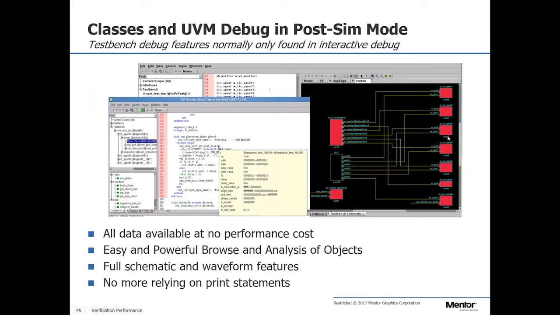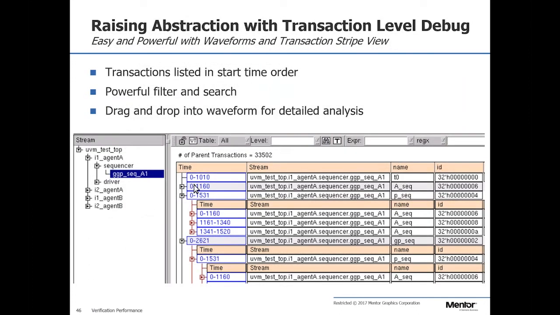You get a schematic viewer of the testbench structure, and if it changes over time, that'll be reflected in this view. You have full class debug, so you can debug down through classes. You can put classes into the wave window so you can see all of that information there, which not all debuggers are able to do with those dynamic classes.